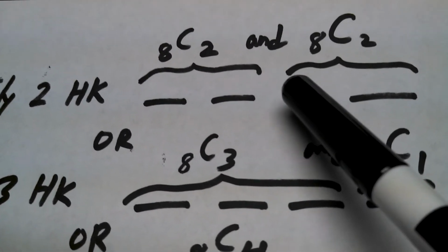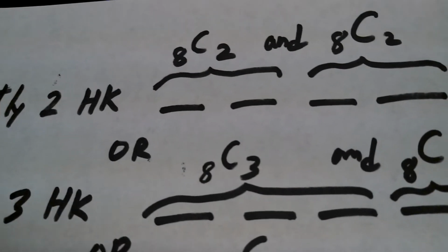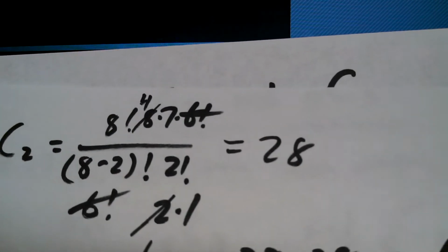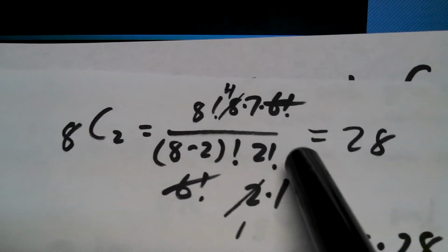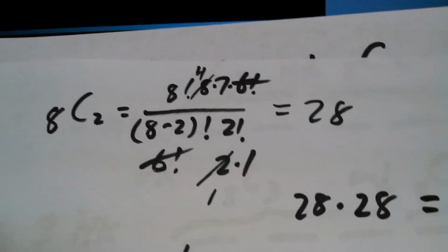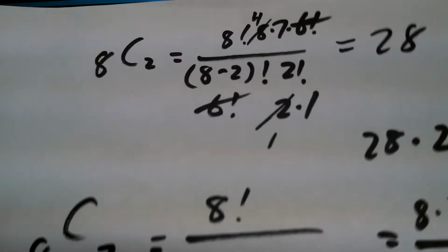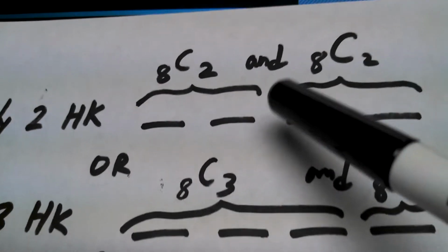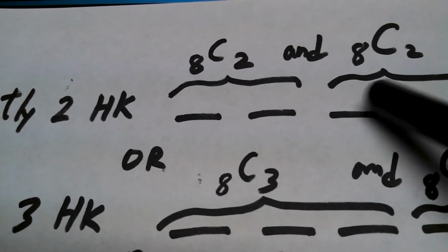When we put this into the combination formula, for the number of combinations of 8 things taken 2 at a time, we get 28. So we have 28 times 28, because we have to multiply those 2 numbers together. This can be done in 28 ways, and this can be done in 28 ways.